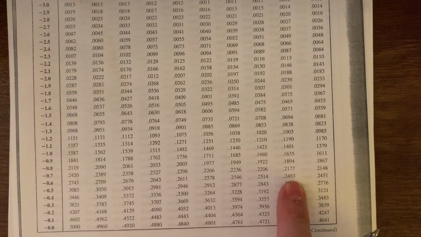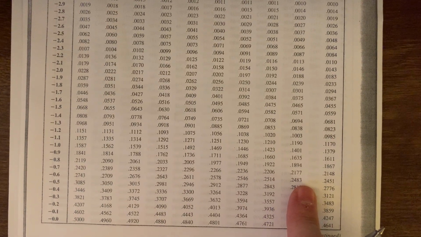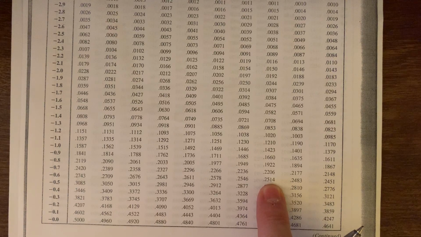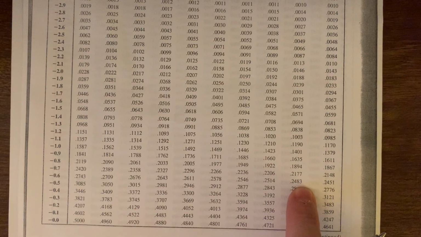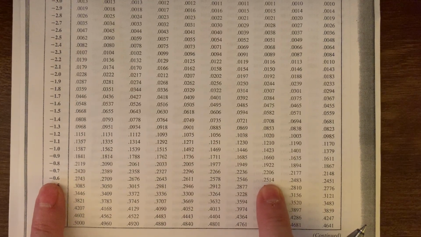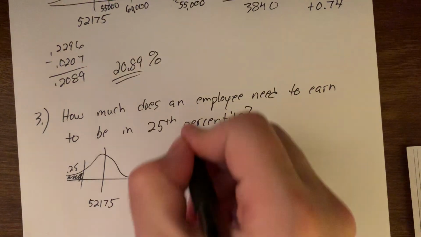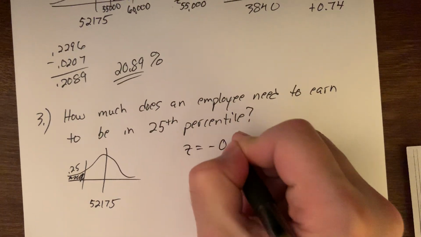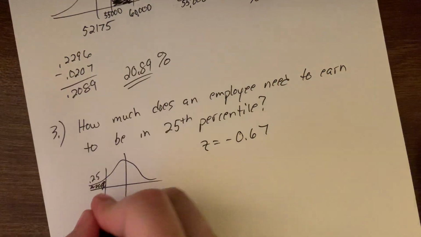They're both kind of almost the same. So this isn't the worst mistake to make, but still, what is closest? That's 14 ten-thousandths above 0.25. That's 17 ten-thousandths below. This one's closer. So negative 0.67. Z is negative 0.67. That z-score goes with that data value.